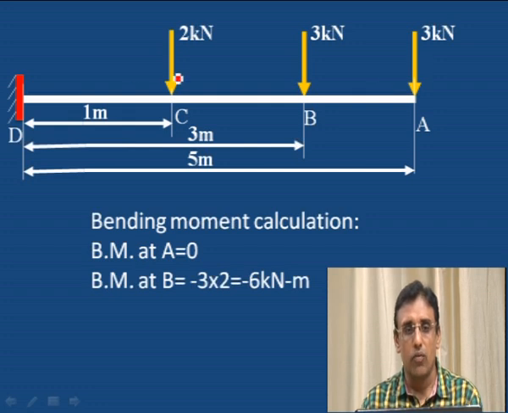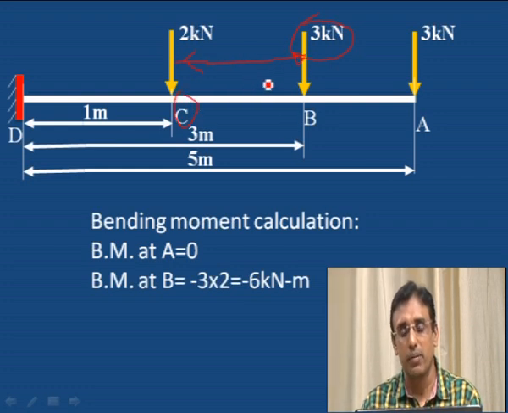Three into 4 meter, and then another force is acting here, 3 into this distance. To which point are we calculating? C point we are calculating the bending moment. Therefore, from C, what is the distance of the point load at B, and what is the distance from C point to the point load at A?